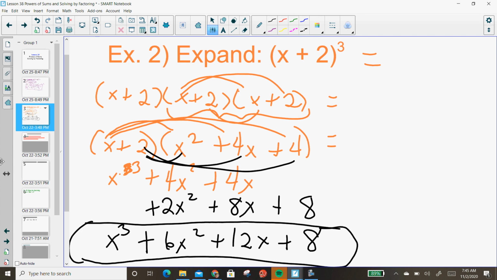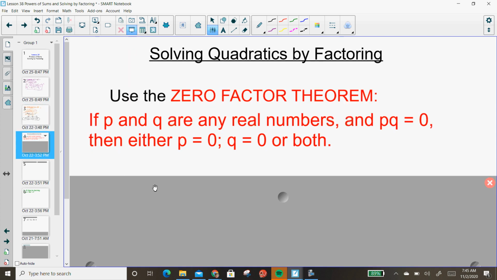All right, the other thing that we're going to talk about is when we are solving quadratics by factoring. We're going to use something called the zero factor theorem. So when we are solving an equation, that means we have something not just equals, but equals another side.